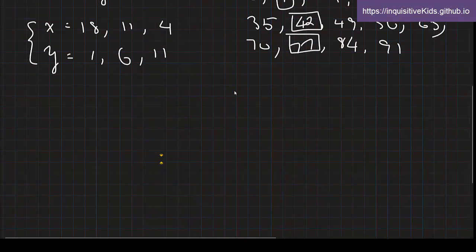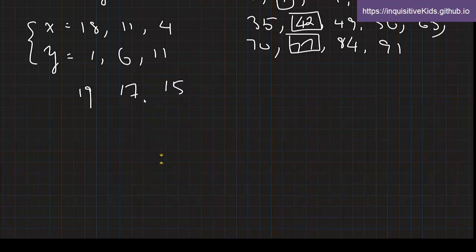Remember, at the very beginning we concluded that what the question is asking is, what is the least amount of cuts made? What is the least amount of pieces that can be made? So this added up is 19, this added up is 17, this added up is 15. So out of 19, 17, and 15, 15 is obviously the least.